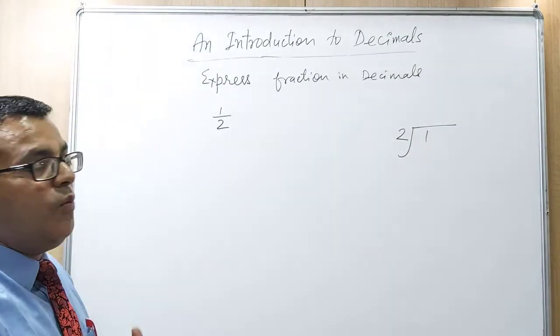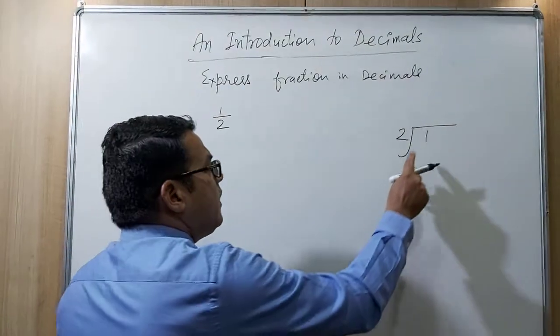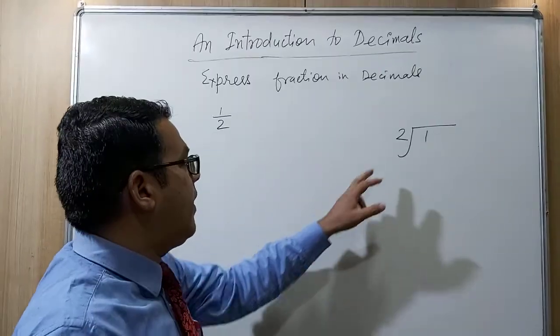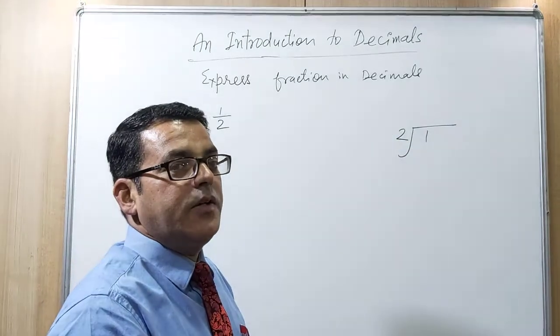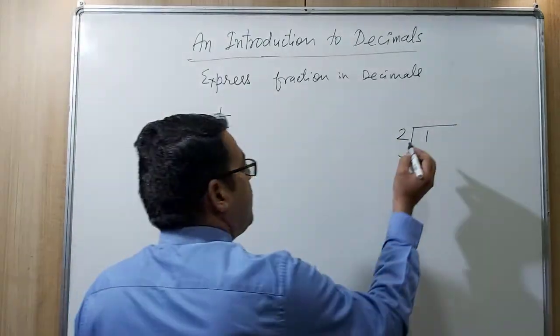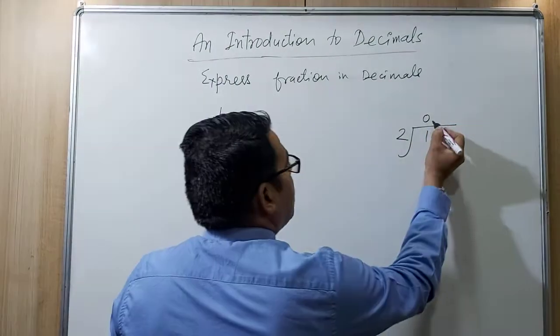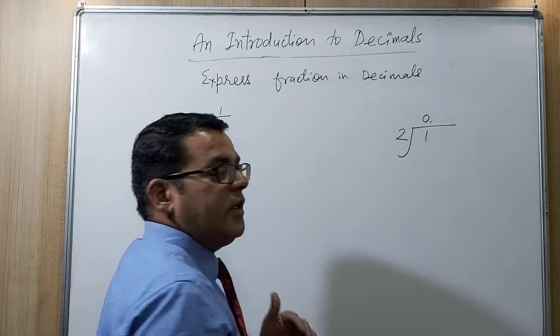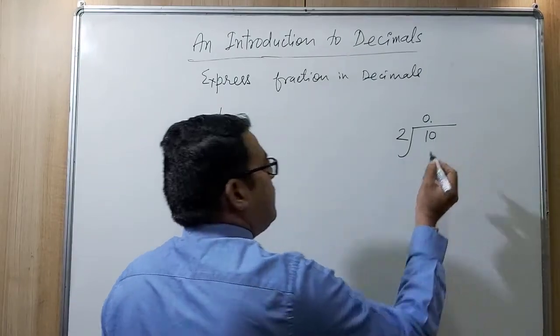Now, how can we divide? You have to learn it. Now see, we know that the divisor, that is 2, is greater than the dividend. So what to do? You can put 0 here, then a decimal point on your own, and we can also add a 0 here.